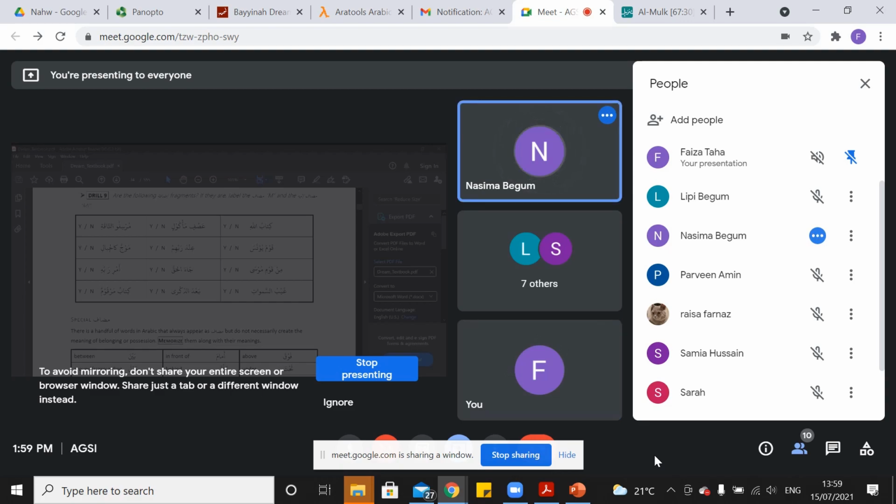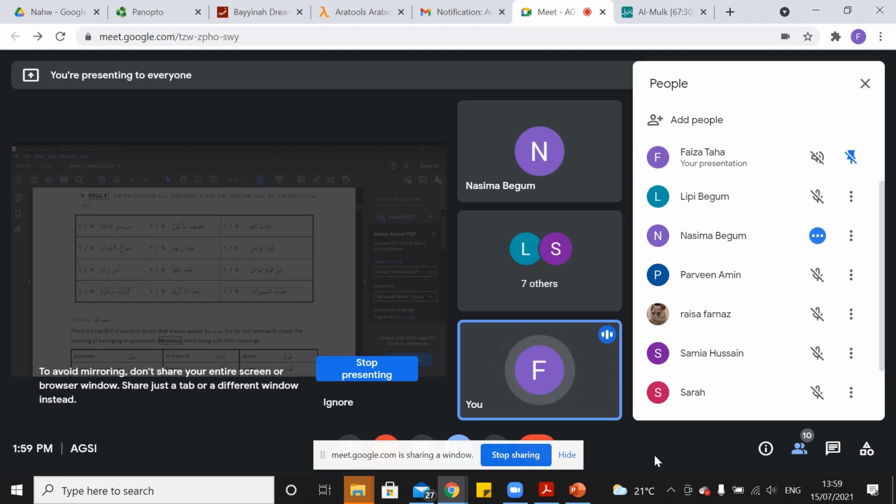Mursilun is mudaf. How? There is no alif lam, no tanween, no noon. So it's light and has no al, so it can be mudaf.